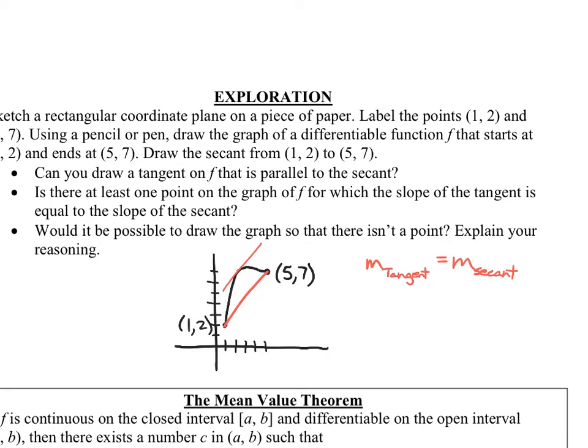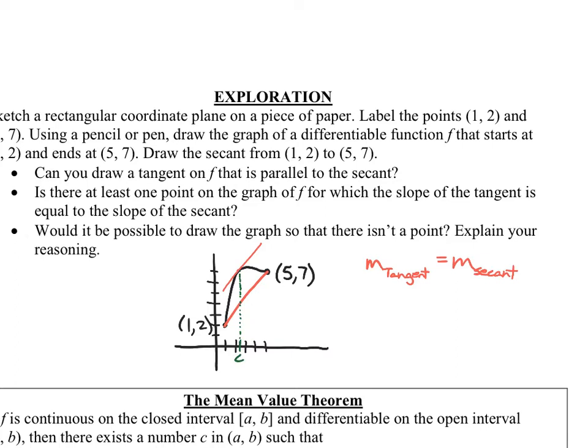Okay, so I want you to examine what you've actually discovered here. The slope of this tangent, I'm going to just call this value of x c, kind of like we did with Rolle's theorem.